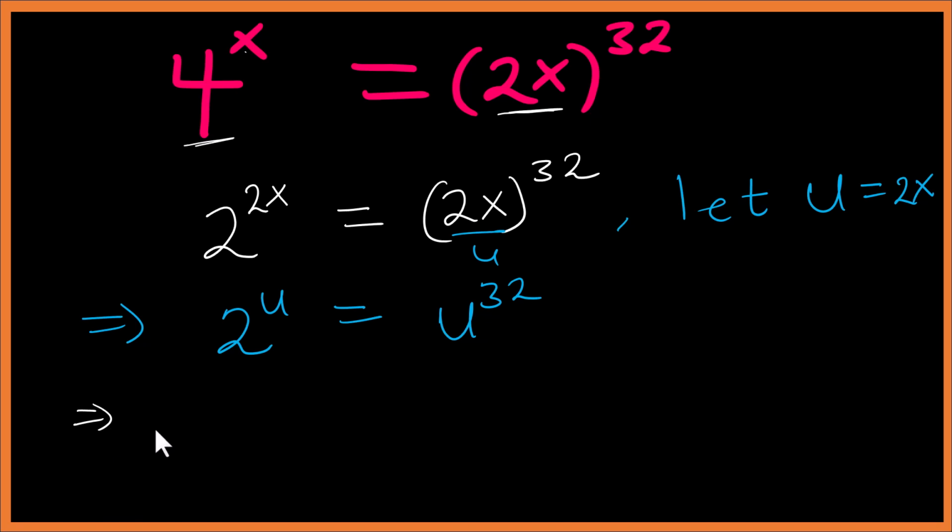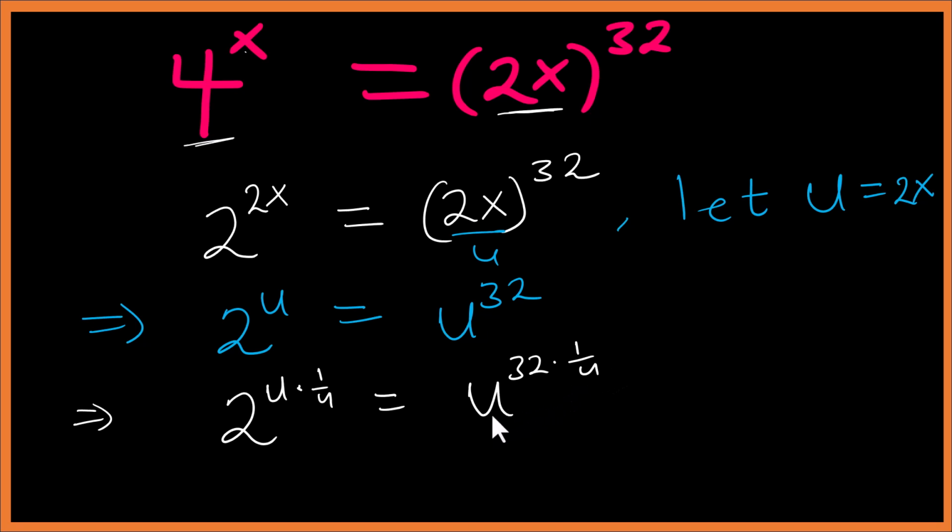Now let's remove this u here by multiplying both powers by 1 over u. So we have 2 raised to u times 1 over u equals u raised to 32 times 1 over u.